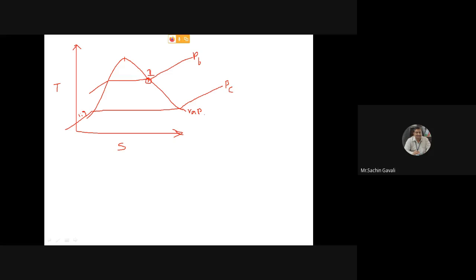If it is wet, it will be in between that liquid line and vapor line. Then afterwards, from 1 to 2, it will be isentropic expansion, a vertical line. This will be point number 2.